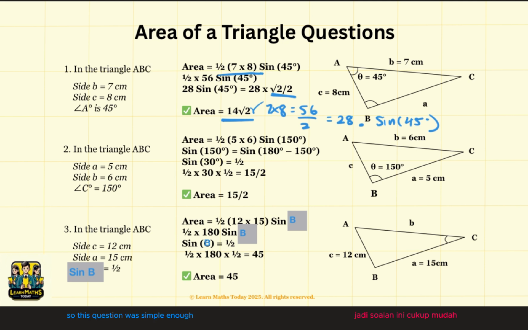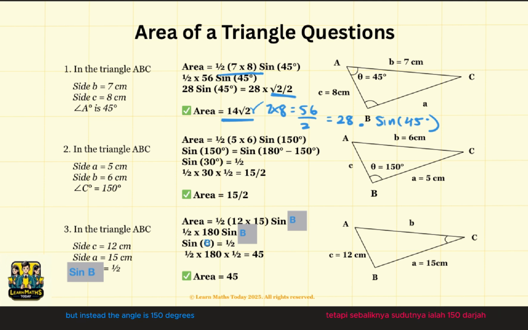So this question was simple enough, and I am not going to explain my algebra as much anymore because it's going to get more complex, and I want to look at the complex additions more closely than I do at the algebra.